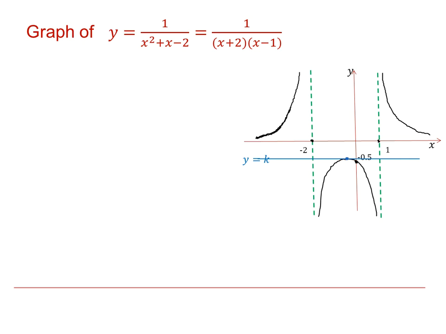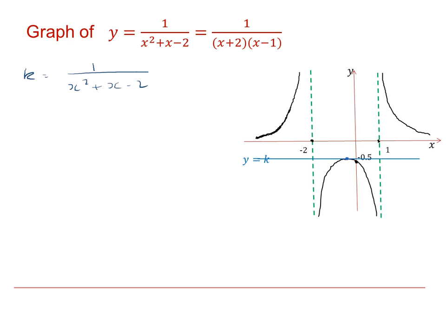If we now call that particular value where there's one solution k, then the solution will be where k is equal to 1 over x squared plus x minus 2. In other words, we're just equating the y values at that point.